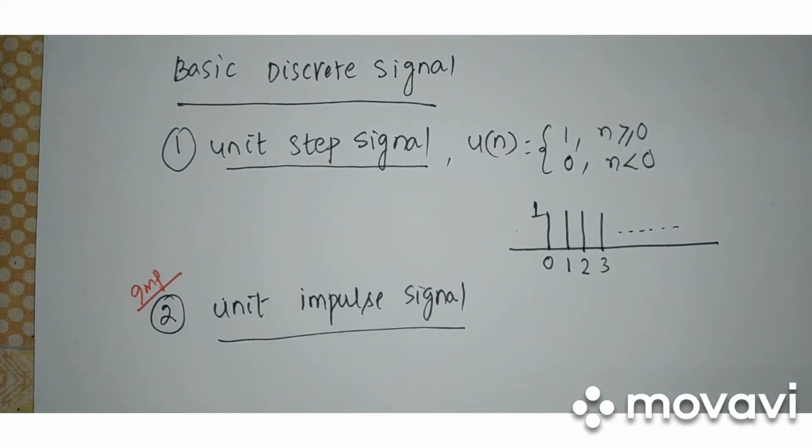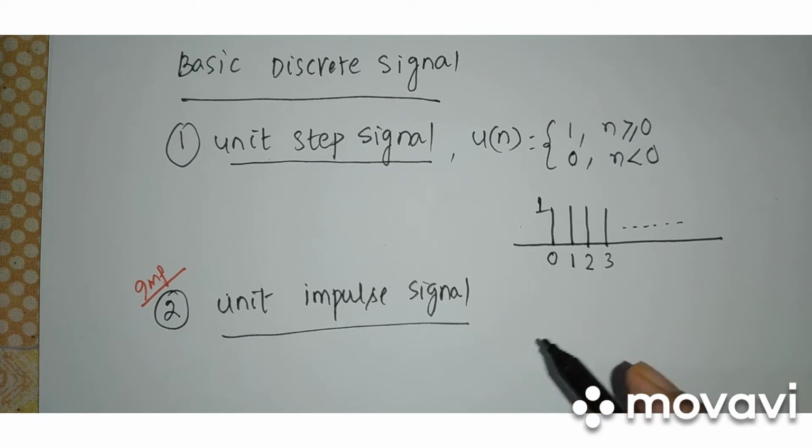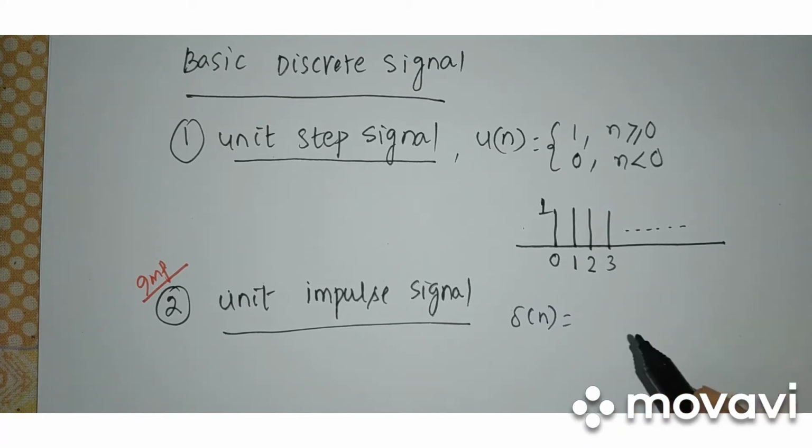Especially impulse signal plays a very important role. What is impulse signal? This impulse signal is represented by del of n equals to 1 for n equals to 0 and 0 otherwise.